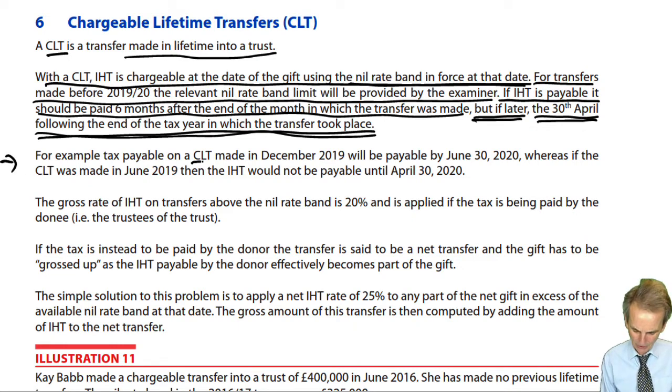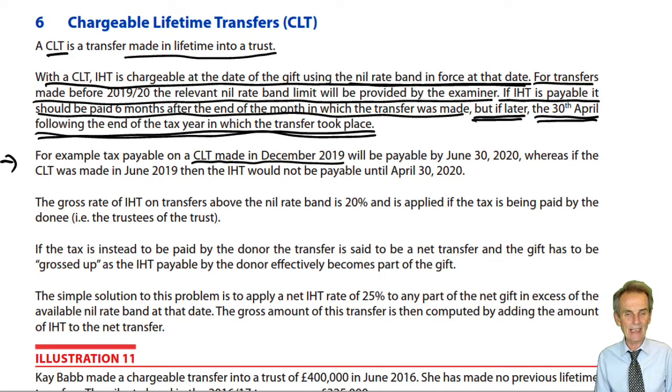If we had a CLT made in December 2019, of course, not to say that there will be any tax payable on it, as we will have a nil rate band available to us here in lifetime. But for example, tax payable on a CLT made in December 2019 will be payable by June the 30th, 2020.